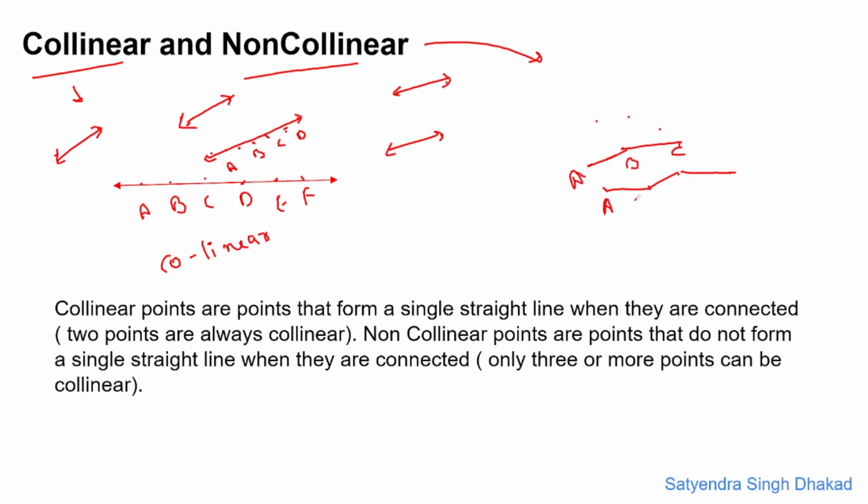A, B, C, D are non-collinear points. But 2 points will always be collinear. For non-collinear, there should be 3 points or more.